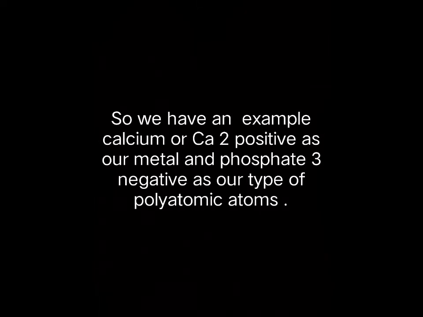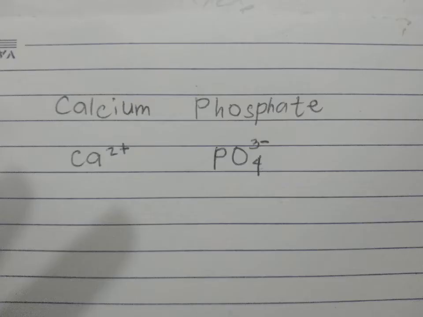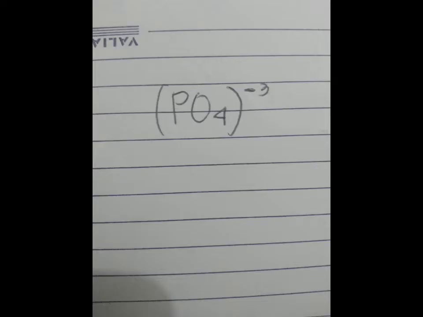We have an example: calcium, Ca 2 positive, as our metal and phosphate, 3 negative, as our polyatomic ion. Calcium phosphate. So calcium has 2 positive charges, phosphate 3 negative. To balance charges, we need to place phosphate in parentheses to isolate the phosphate group.